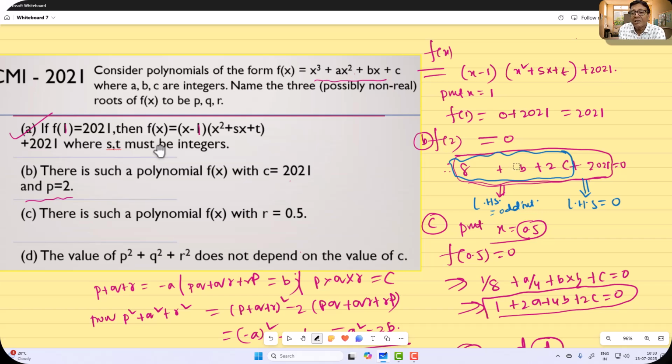Not 8a, just 8, then this is 4a and this is 2b plus 2021 equal to 0. Now the left hand side is going to be an odd integer in total, because 8 is even, 4a is even, 2b is even, and 2021 is odd.